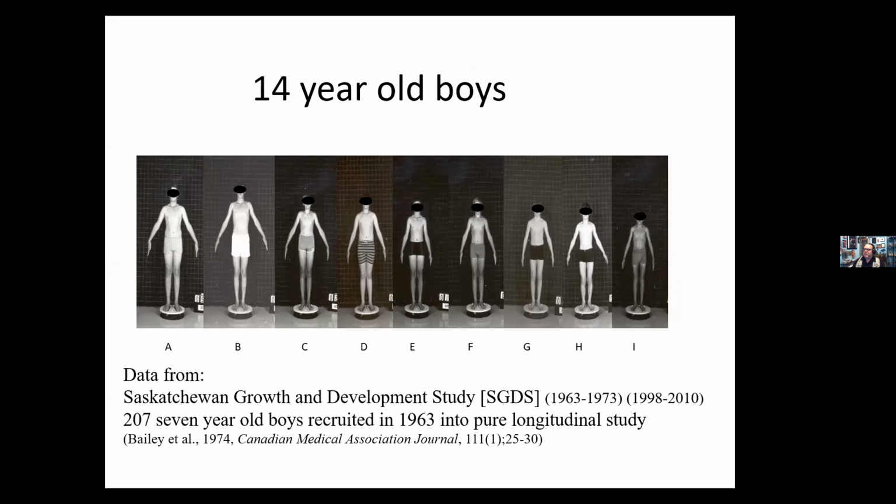In fact, the age difference between boy A and boy I is roughly about 4 months. However, the difference in stature is closer to 35 centimeters. So you can see there are vast differences between individuals of exactly the same age. Boy E, right in the middle, represents the 50th centile and is the average height for that age.